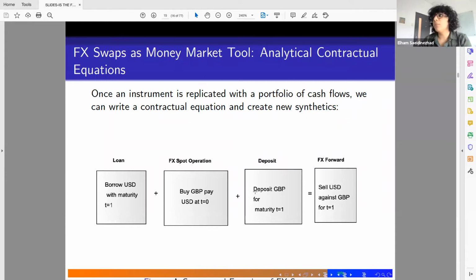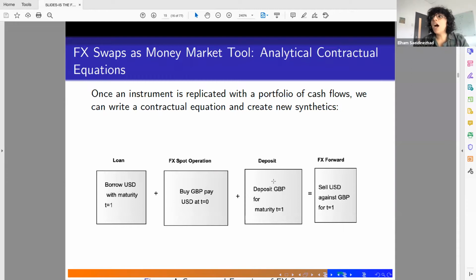So basically, what is happening here is that this bank is applying for a loan, which means that it is going to borrow this USD, and the USD is going to mature at time T, which was the second leg of the transaction.